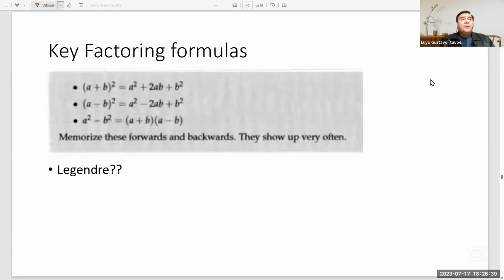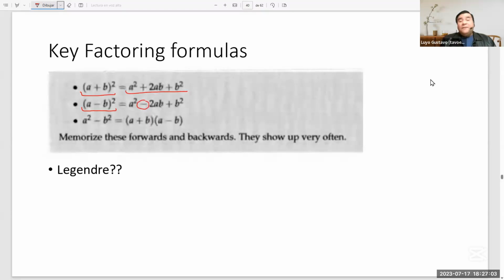For example, the square of a binomial, that is the square of the sum of 2 terms, is this trinomial here, the square of the first term, plus twice the product of the 2 terms, plus the square of the second term. You also have the square of a difference. It's the same trinomial, but changing only the sign of the middle term.